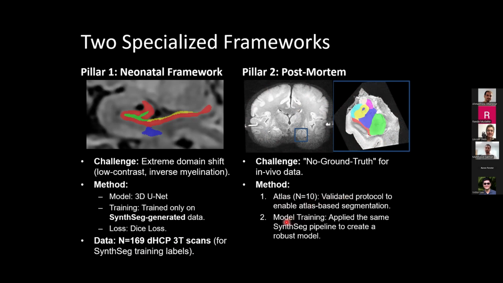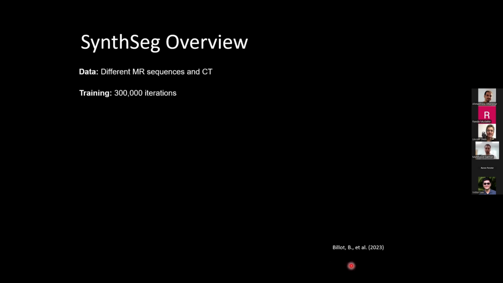After this, for our model training, we will apply the same SynthSeg technique that we used in the neonatal framework. And our data, as I said, are post-mortem samples, with both the whole brain at 7 Tesla and the two hemispheres at 9.4 Tesla.